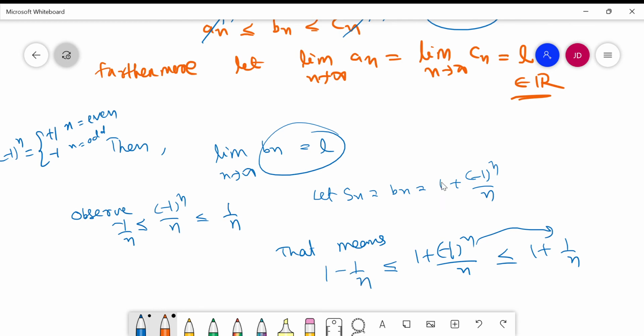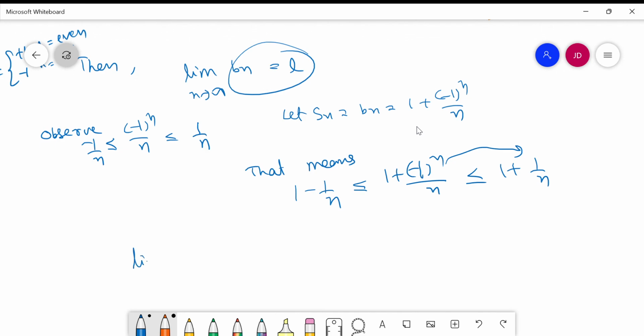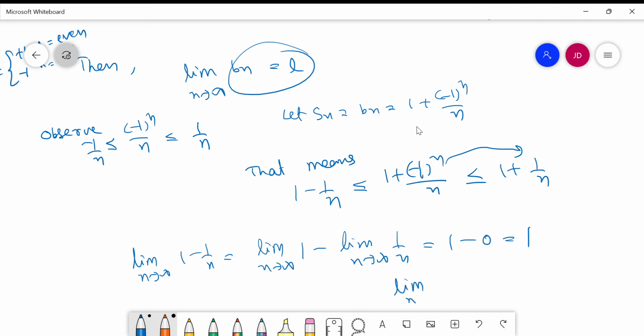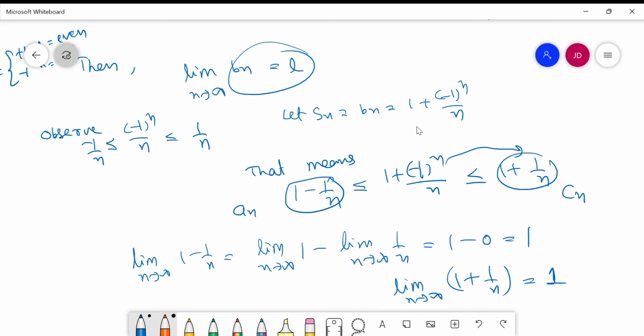Now what is the limit? The limit of 1 minus 1 by n as n tends to infinity is 1 minus the limit of 1 by n, and the limit of 1 by n is 0, so this is 1. Similarly, for 1 plus 1 by n, the limit is 1. So if you take this as an and this as cn in the sandwich theorem, our an goes to 1 and cn also goes to 1.